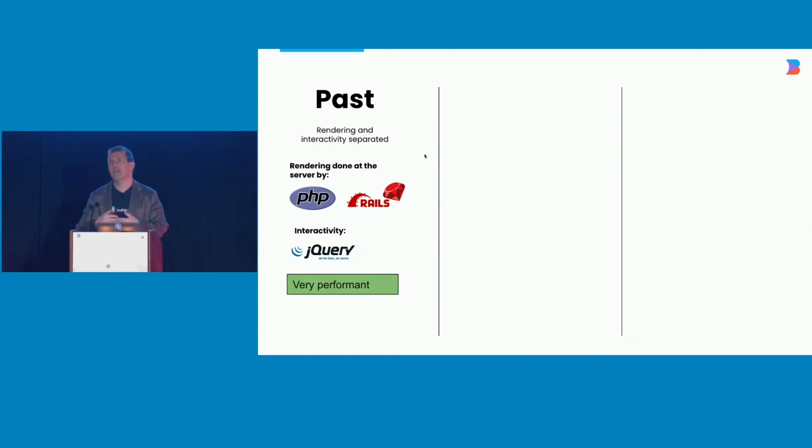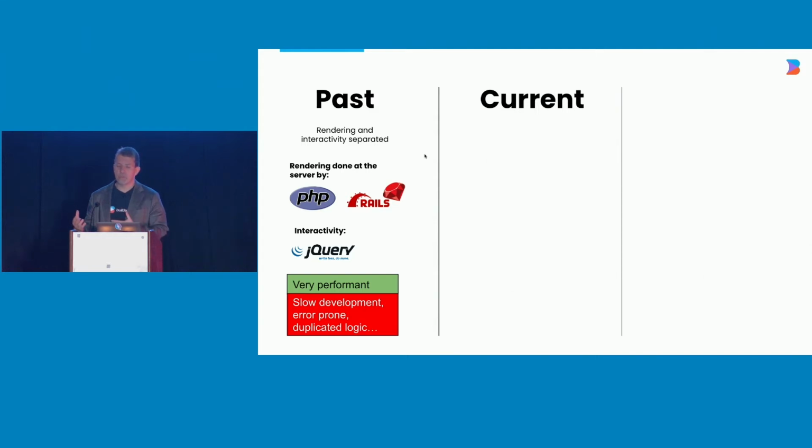Or let's say you had a form with a person's contact info and you wanted to add a new phone number. The code to render a new line with a phone number had to be implemented twice: once in the backend language, and once in the front-end language, in jQuery. So this development style was slow and error-prone, and it caused duplicate logic. This is the primary reason why we moved to the current way of doing things.